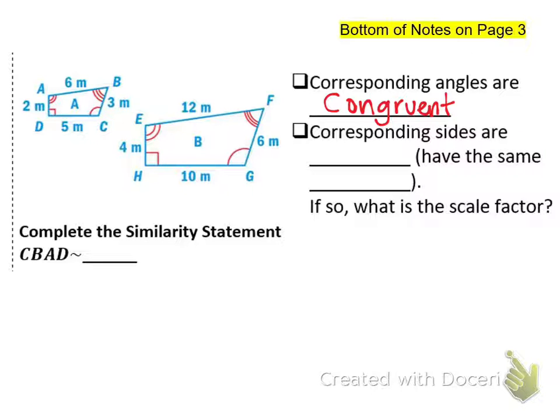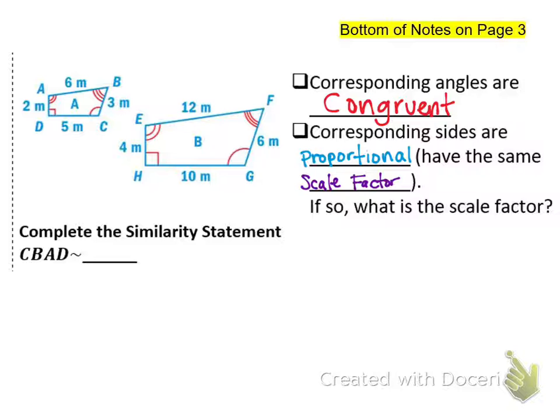And then the corresponding sides, just like she said, they have to be proportional. And in order for them to be proportional, they have to have the same scale factor. There is definitely not enough room in these blanks, and I am so sorry.